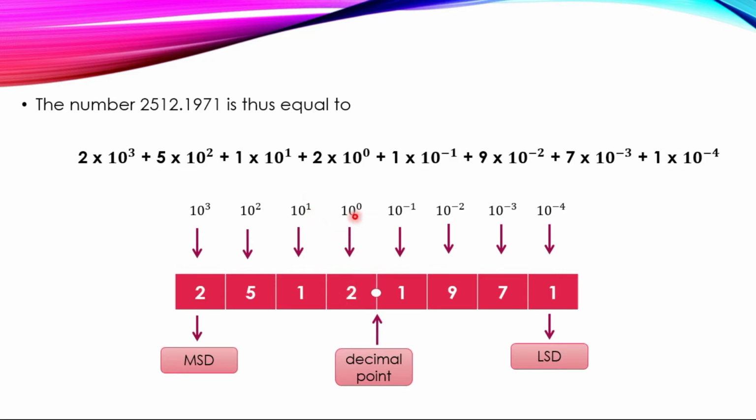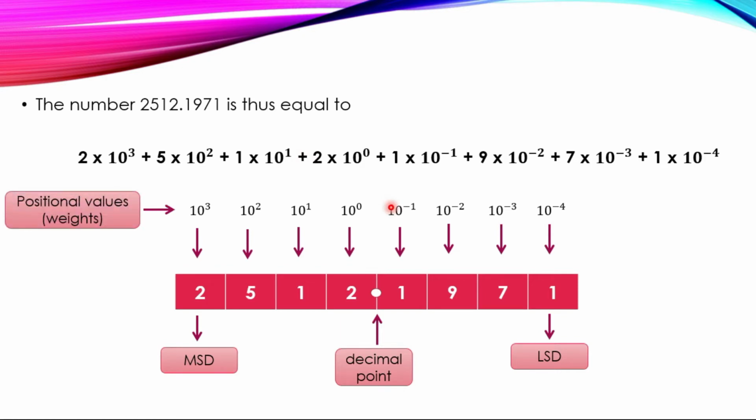So here 10 raised to 0, 10 raised to 1, 10 raised to 2, 10 raised to 3. And here 10 raised to minus 1, minus 2, minus 3 and minus 4. See here, 2 into 10 raised to 3 plus 5 into 10 raised to 2, 1 into 10 raised to 1. Now this is called your positional value.